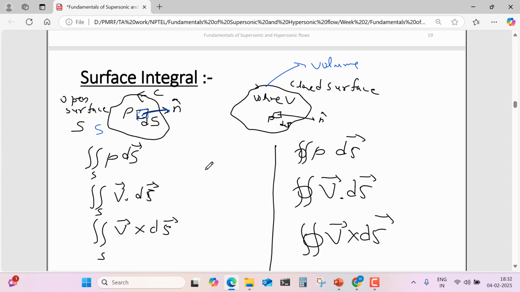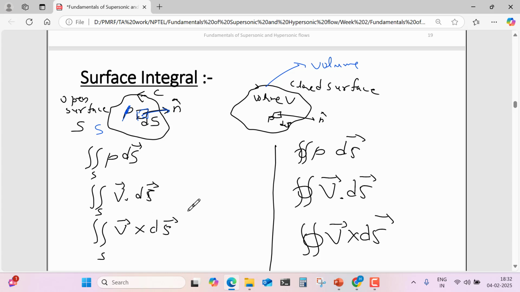Then the surface integral can be given in three ways. So if the quantity is scalar, then it is given by double integration rho ds.